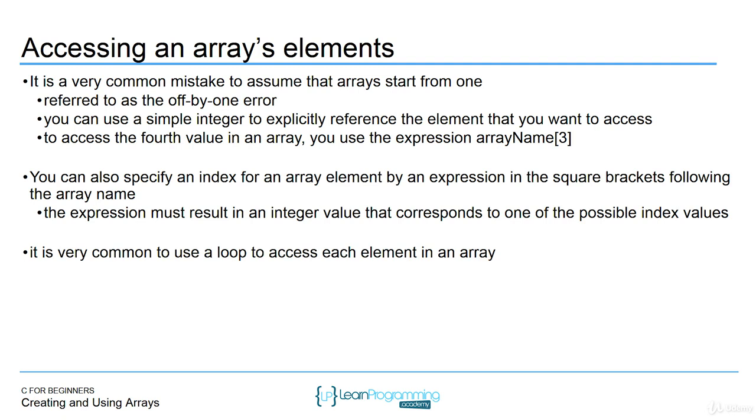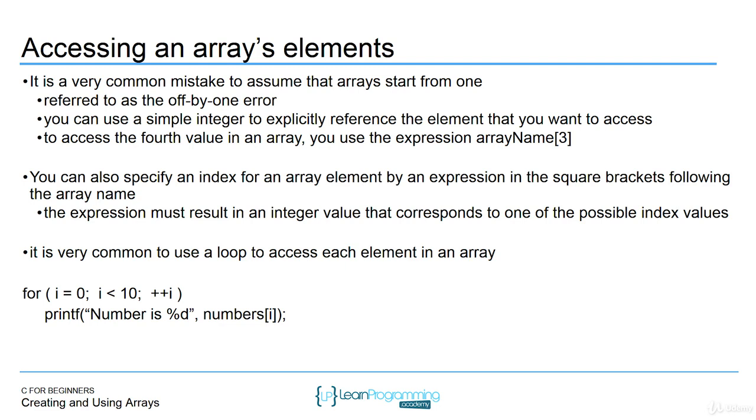It's very common when you're storing elements in an array to use a loop to access them, and we're going to go through an example of that as well. For example here, we have a for loop, and we're initializing our loop control variable I to 0, and we're exiting once I is less than 10.